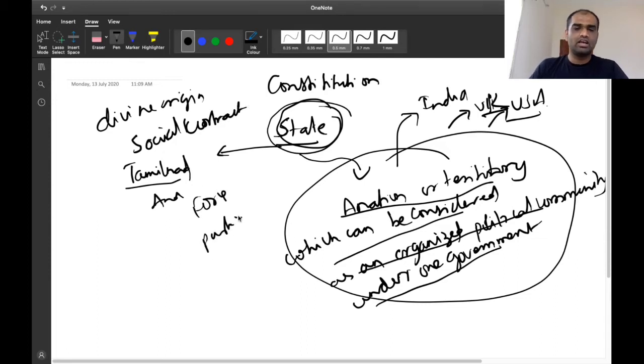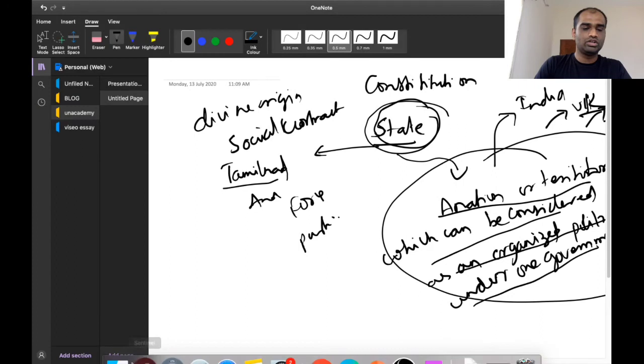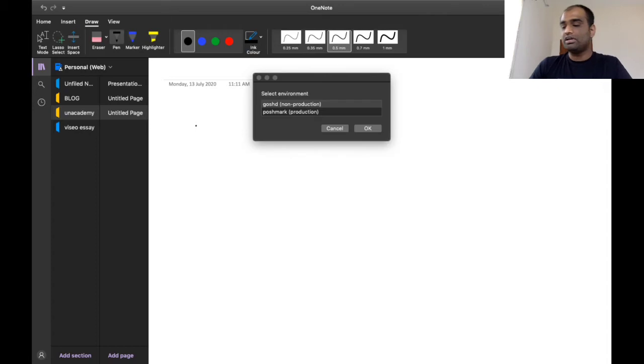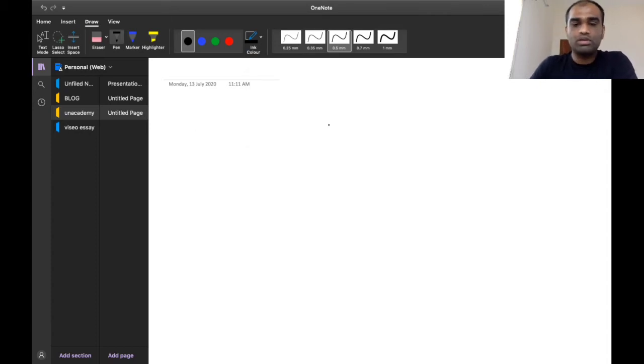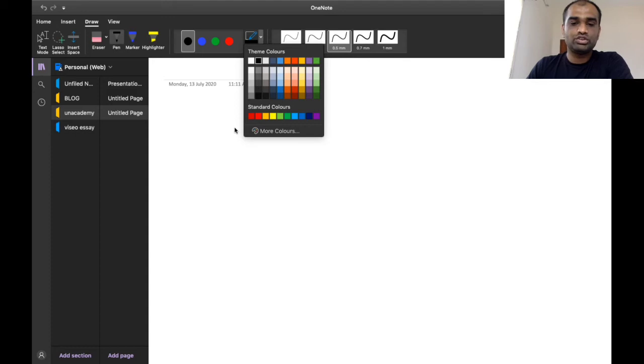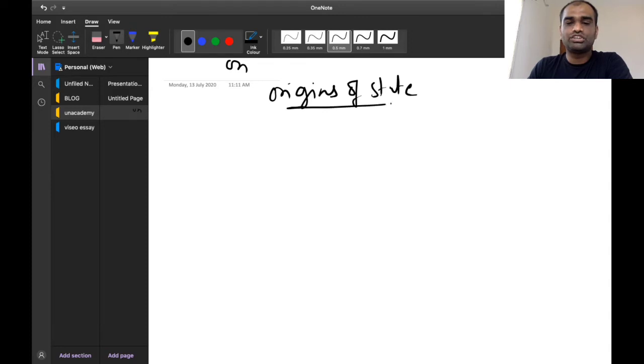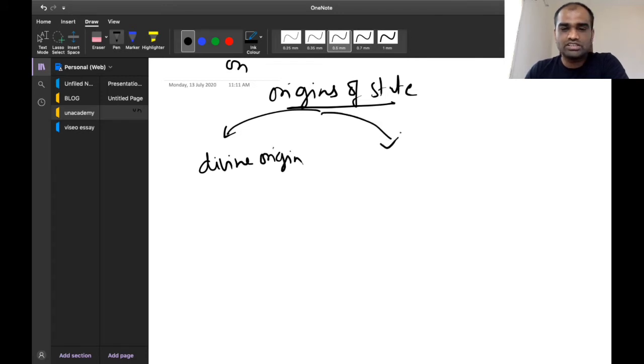But the most commonly accepted origins of the state include two theories: one is divine origin theory, and the next one is social contract theory.